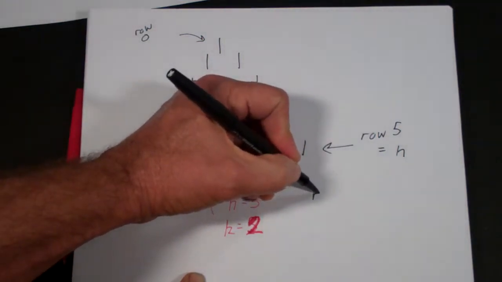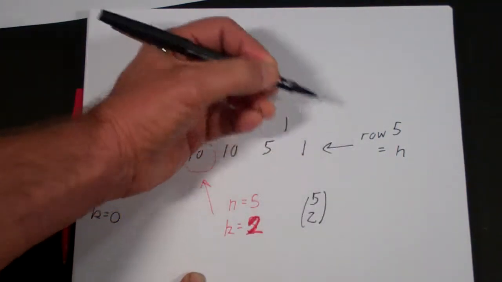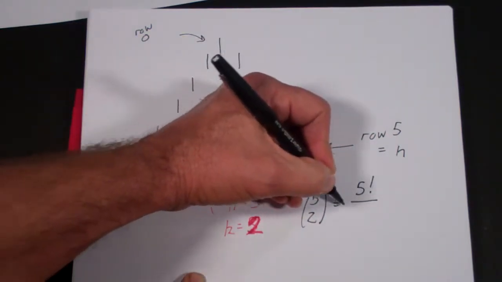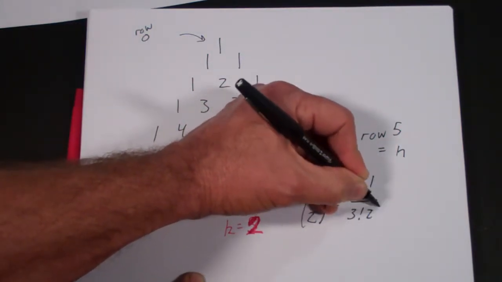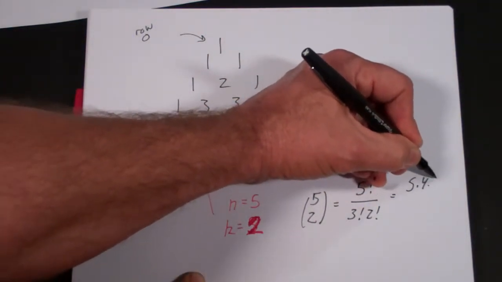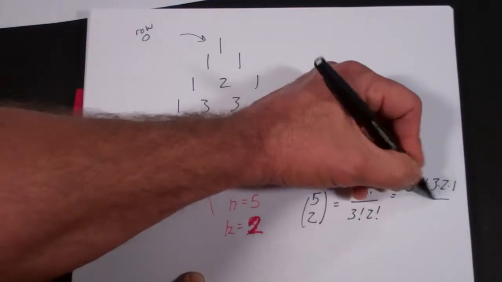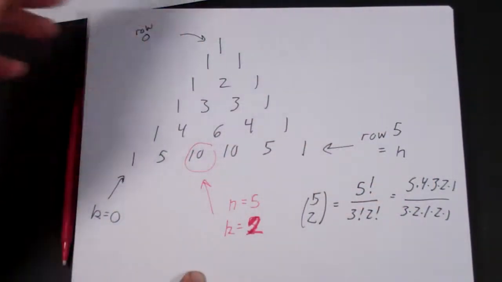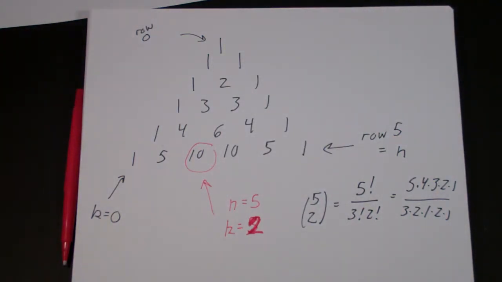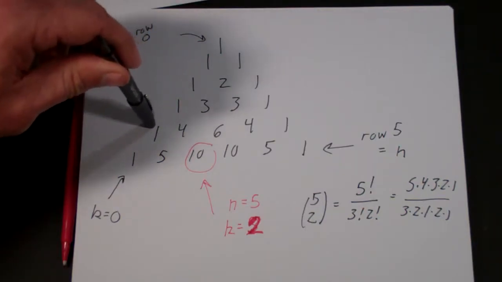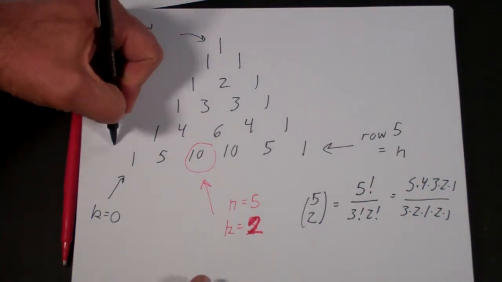So now let's do 5, 2, the binomial coefficient. That's 5 factorial over 3 factorial 2 factorial, which is 5 times 4 times 3 times 2 times 1 over 3 times 2 times 1 times 2 times 1, right? Everybody see that? Let's go back over it. Starting with row 0, that's row 0, 1, 2, 3, 4, 5. So this is the 5th row.